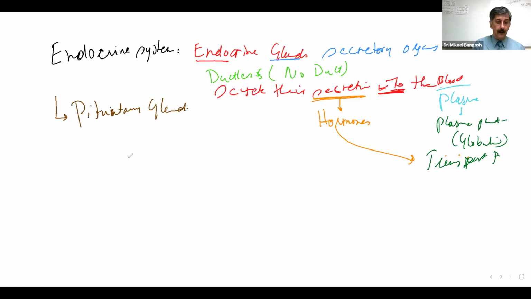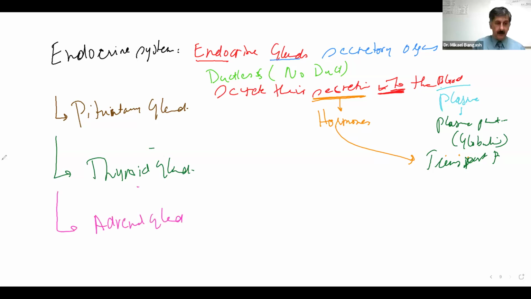Another gland that we mainly associate is going to be the thyroid. And last but not the least, hopefully we get time to do that, is going to be the pancreas.